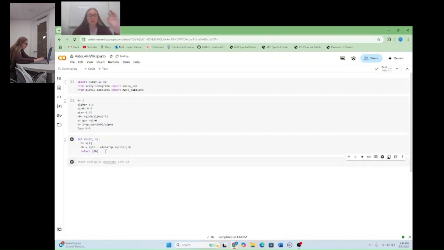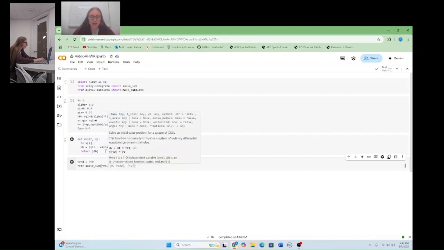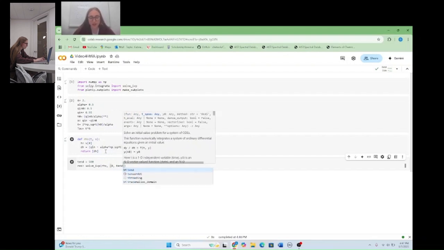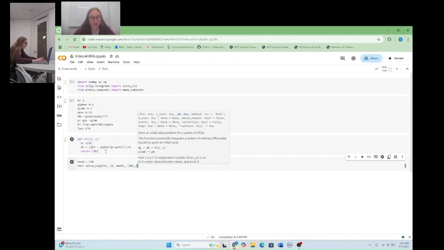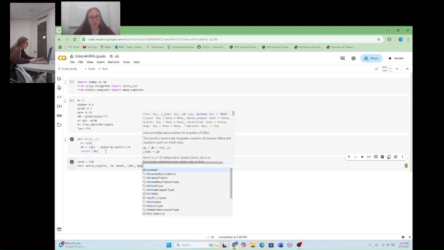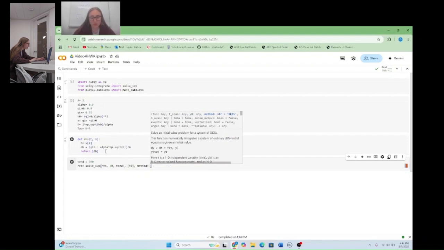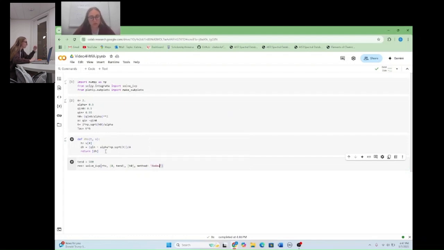After this, let's define our graphs. We need our t end when we do our solve_ivp function, so we're going to do 500. Then let's do res equals solve_ivp. We're going to do our right-hand side, then our t span, 0 to t end. Our initial guess is going to be our height naught. Our method is going to equal Radau.